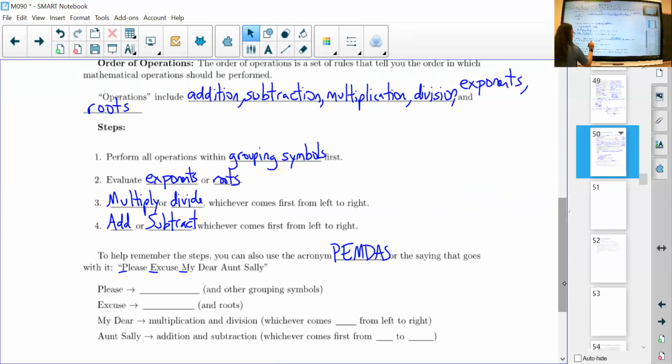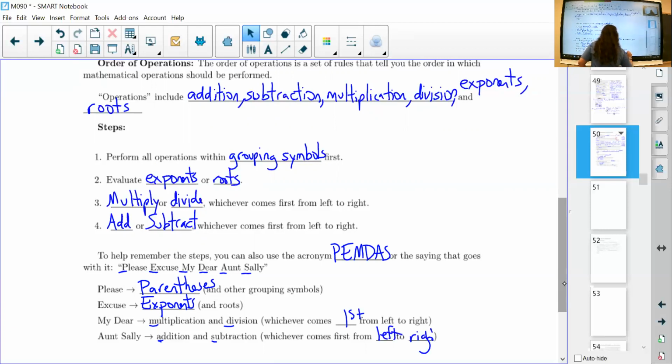Please excuse my dear Aunt Sally, which stands for parentheses and other grouping symbols, exponents and roots, my dear multiplication and division, whichever comes first from left to right, and then addition and subtraction, whichever comes first from left to right.